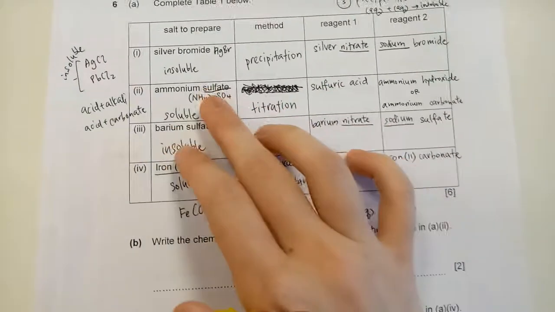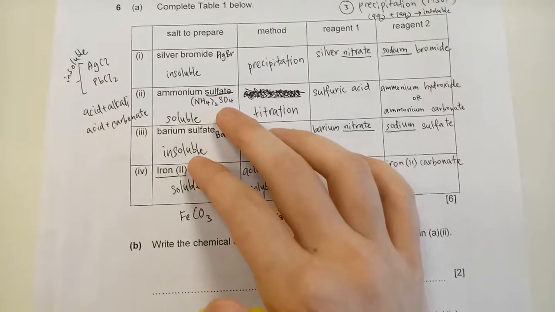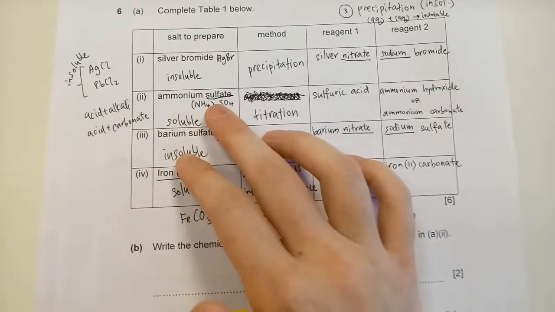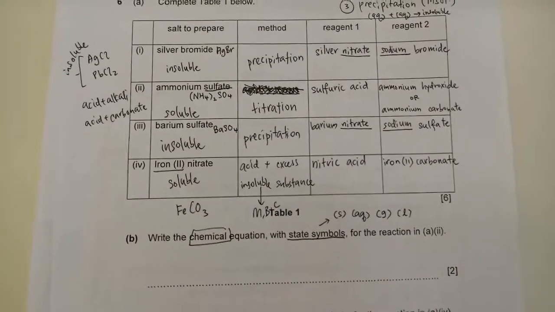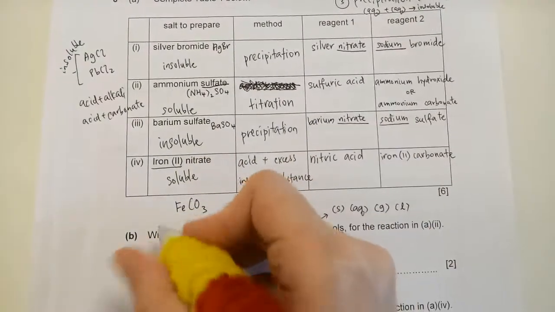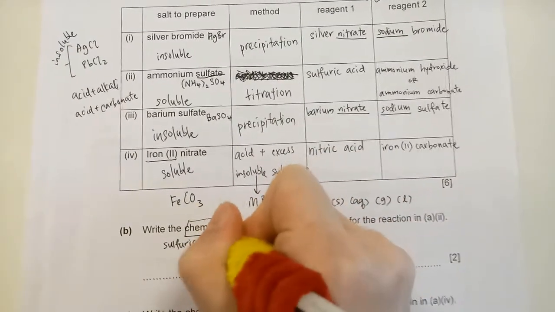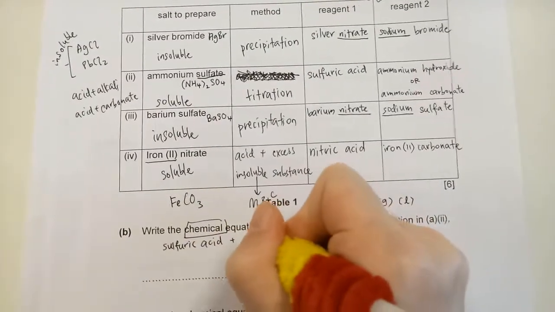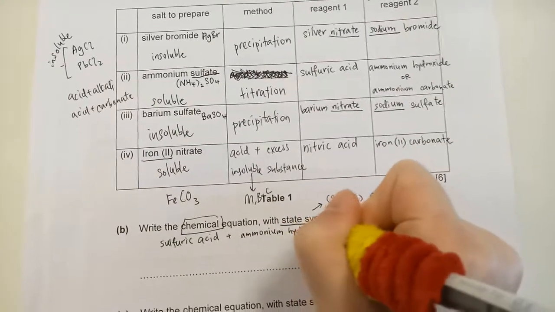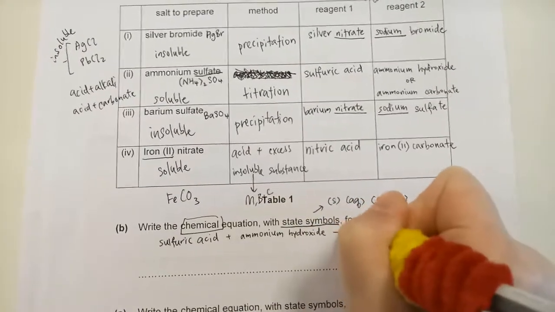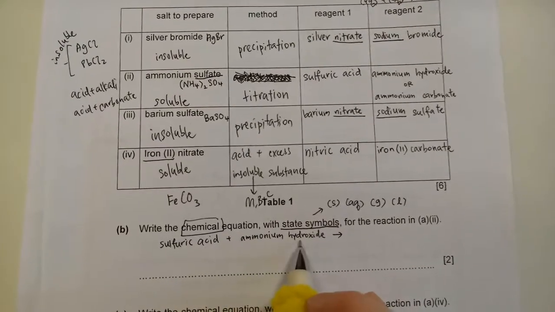So, some of you are not comfortable writing the chemical formula straight away, which is okay. So we write the word equation first. Okay, but finally your answer must be a chemical equation. Alright, so I use sulfuric acid. I'll write it down. Sulfuric acid plus ammonium hydroxide gives me, if I don't know, I will look at acid and alkali.